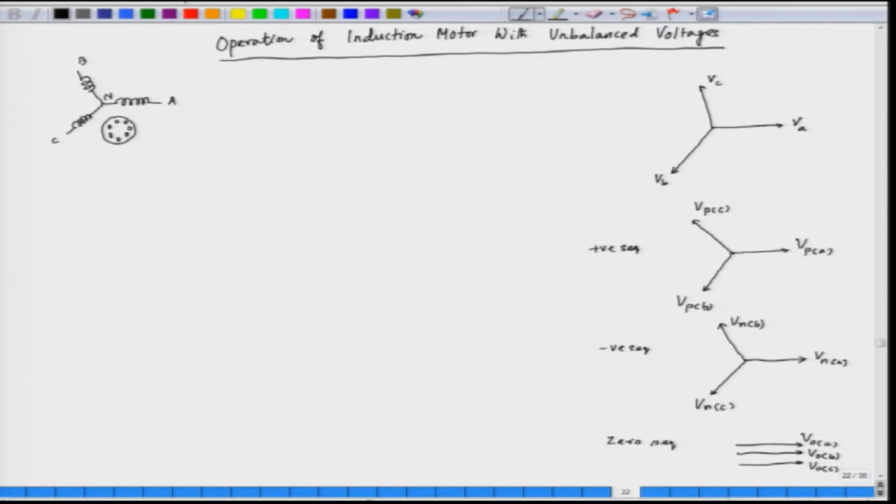Now, the original system is unbalanced. So, we are breaking this down into a positive, negative and 0 sequence component.